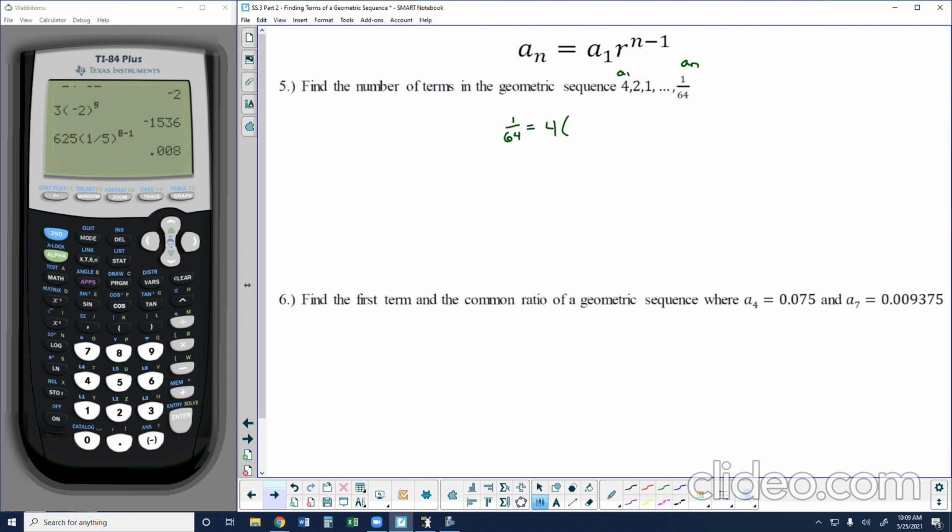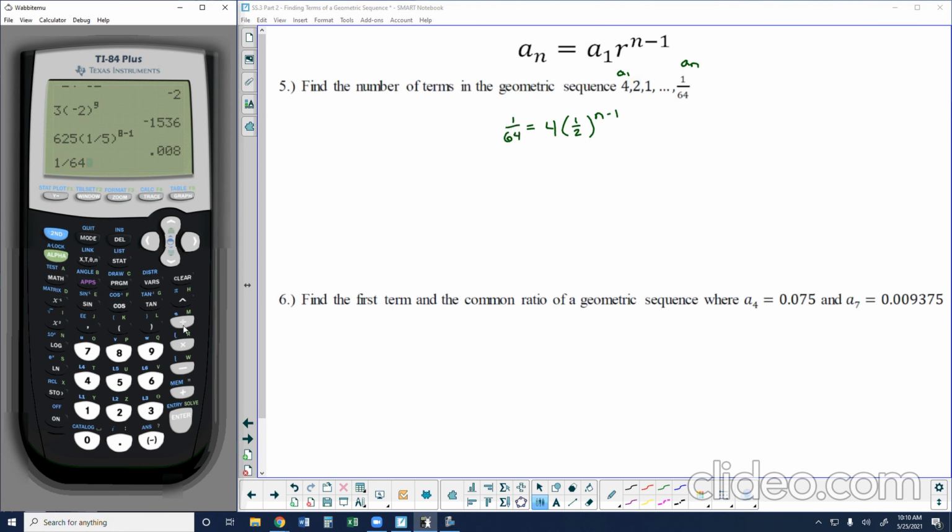The common ratio this time, if you were to go through the first few terms, is 1/2. We're dividing by 2 or multiplying by 1/2 to get from each term to the next. Now in this case, we don't know what n is, so our task is going to be to solve for n. The first thing I might do in order to solve is to divide both sides by 4.